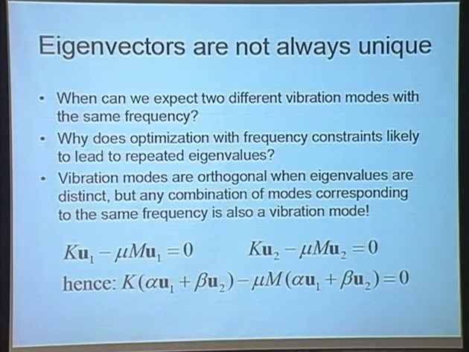You start analyzing, let's say, your car, and you find out that of all the vibration frequencies, one is a problem, it's too low, so you start pushing it up. Oftentimes what you do is, since you don't want to increase the weight of the car, you move some material from places that don't vibrate to places that do.